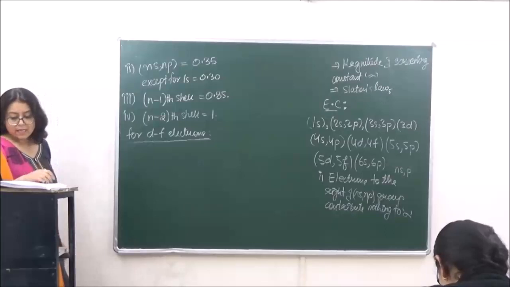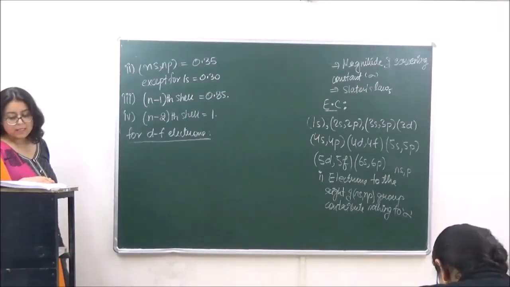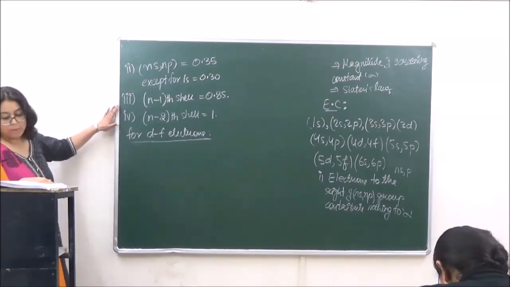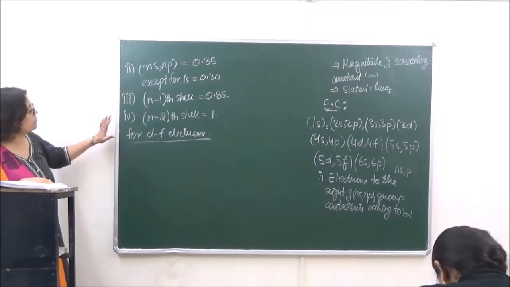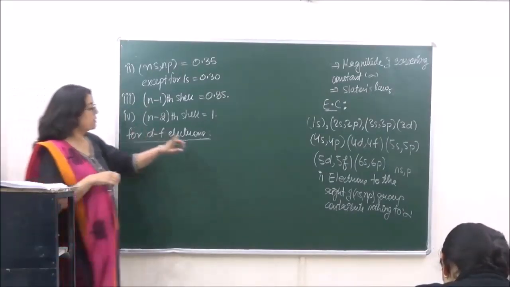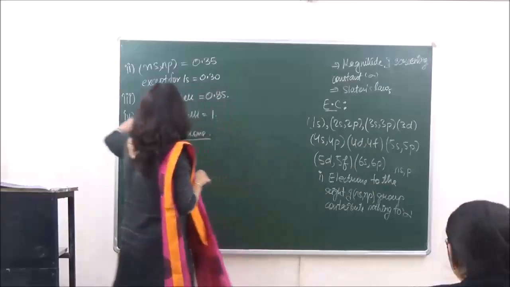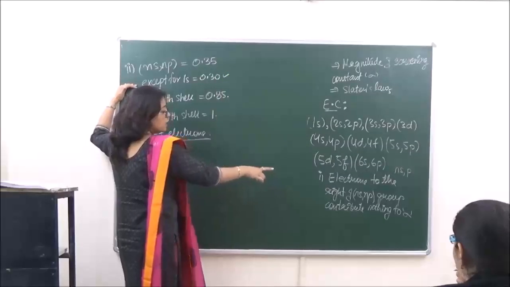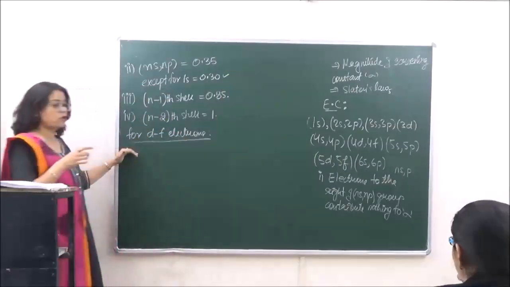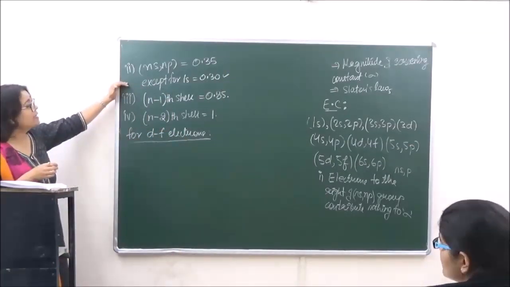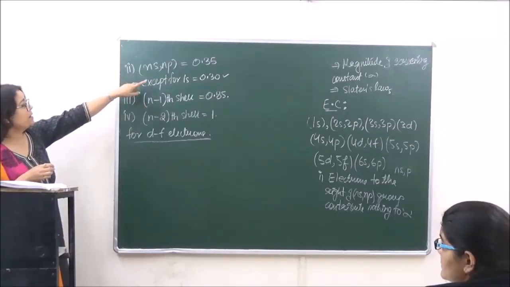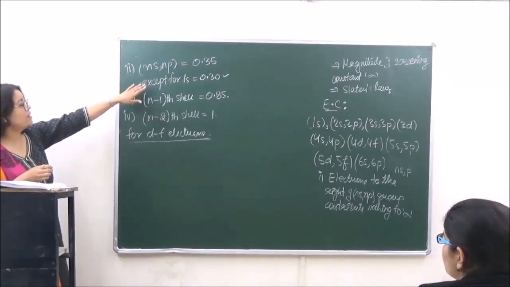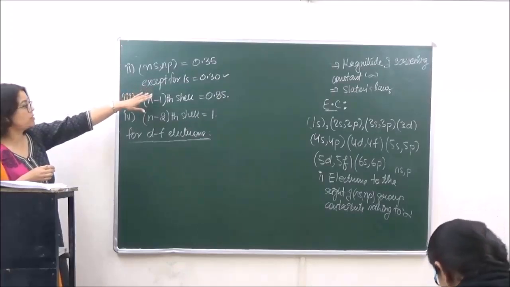In this case, the first to third remain the same. For the first, anything to the right does not contribute anything. Second, anything to the left, ns and p, will contribute 0.35 except for 1s, which is 0.30.